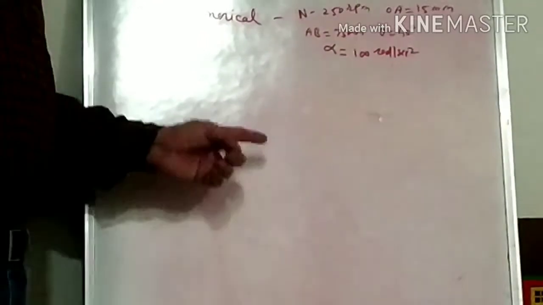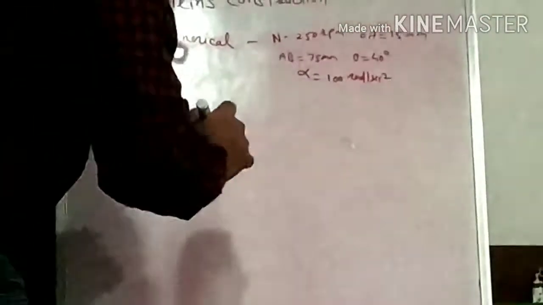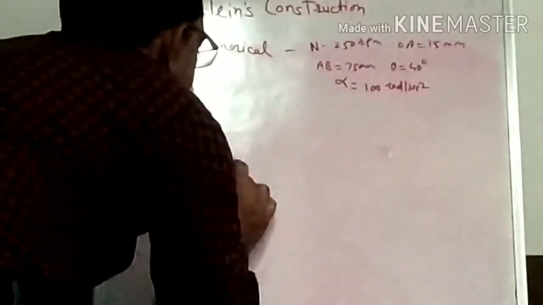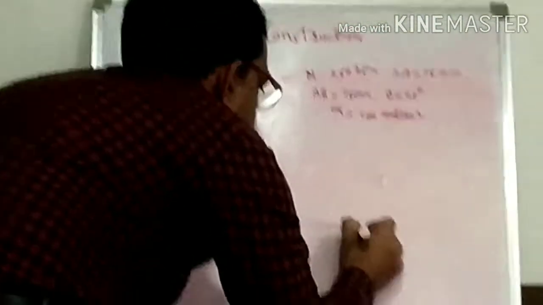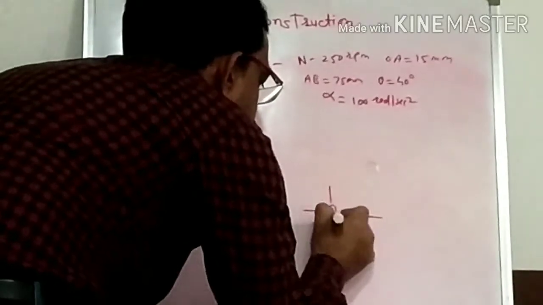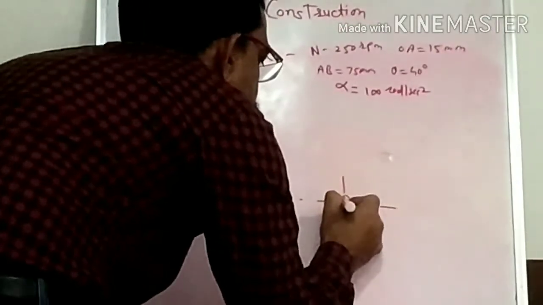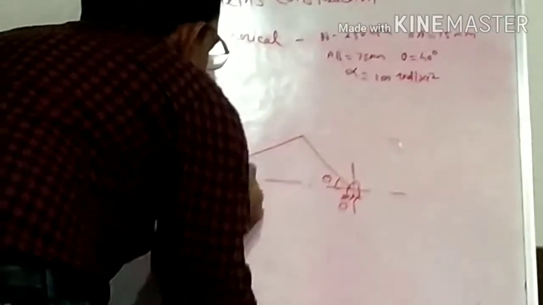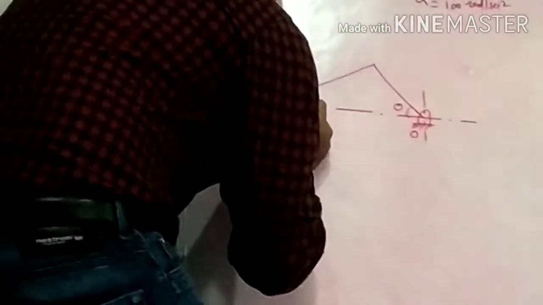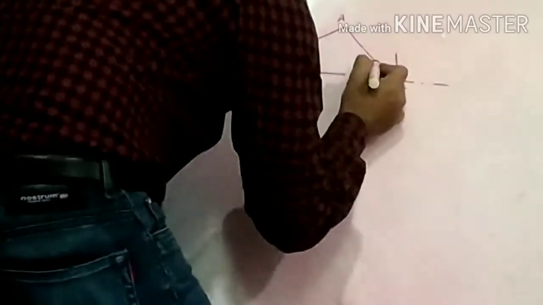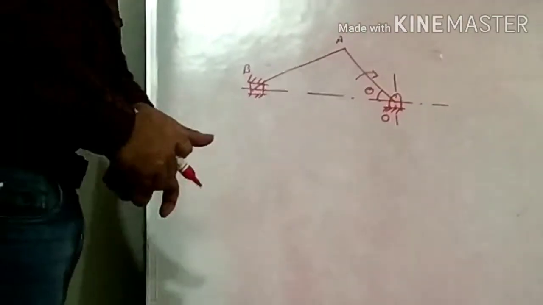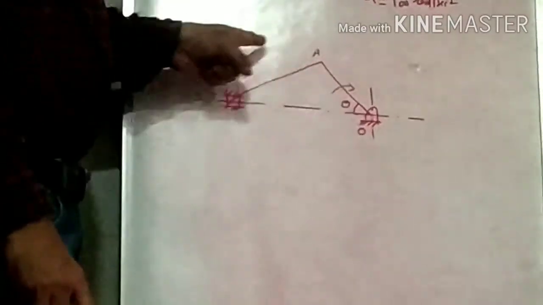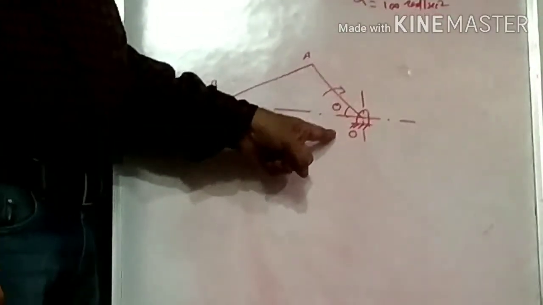So now from this information, first we have to draw the configuration diagram of the slider crank mechanism, using the dimensions with scale.